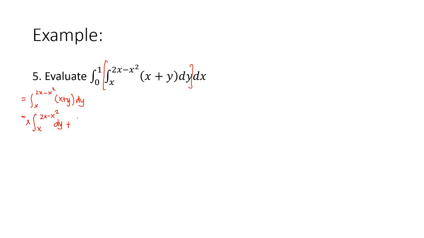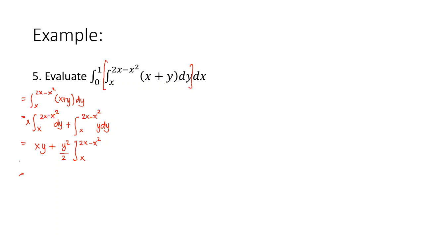plus the integral from x to 2x minus x squared of y dy. Okay, so I just separated these terms here. X is constant, so I put it out. Now integrating, we have integral of dy is y. Integral of y dy is y squared over 2. That is from x to 2x minus x squared.